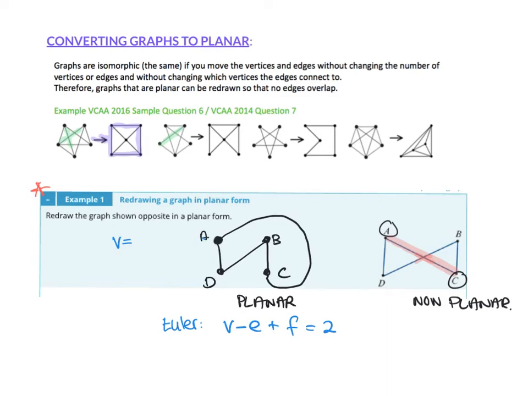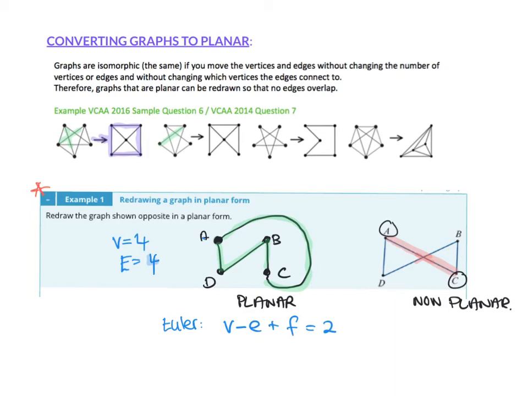So someone tell me. 4, good. Let's count the edges. Often easy to sort of highlight them. So 1, 2, 3, 4. Okay, so we have the edges is 4.